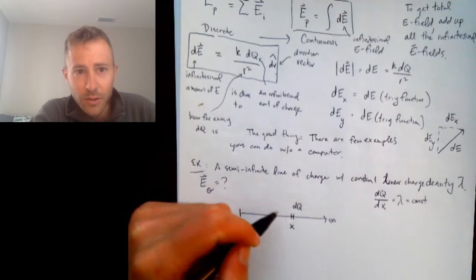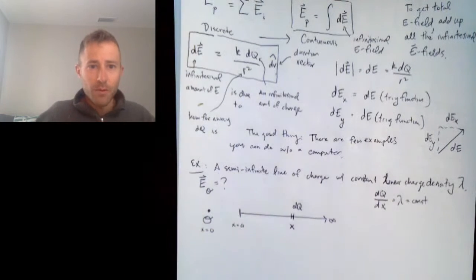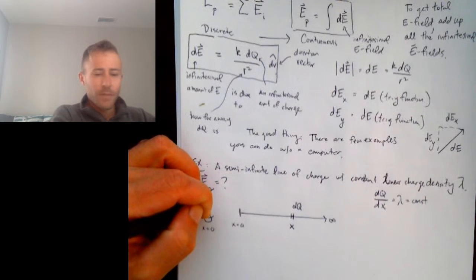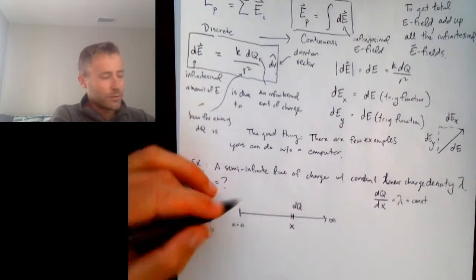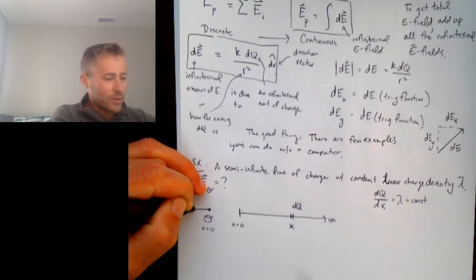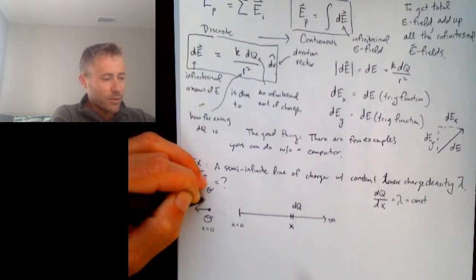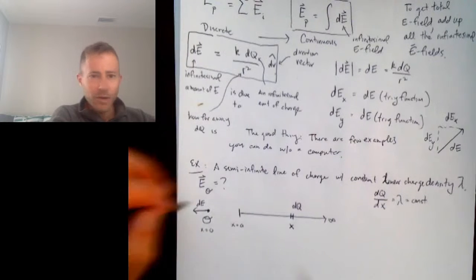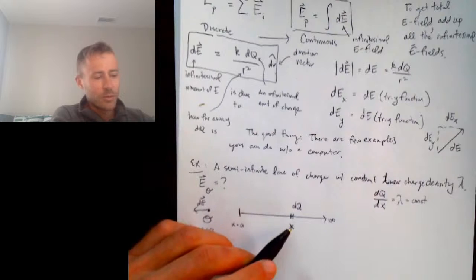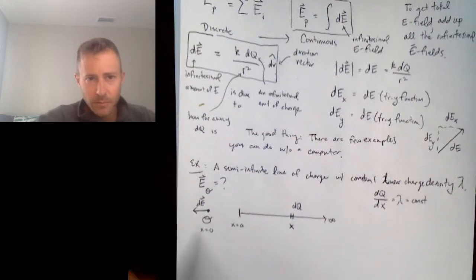If we think about this little piece of charge, and we'll assume it's positive, it creates an electric field that points away from it. So if we're at the origin and we want to run away from this little piece of charge, it creates a little electric field that goes in that direction, away from the little tiny piece of charge.